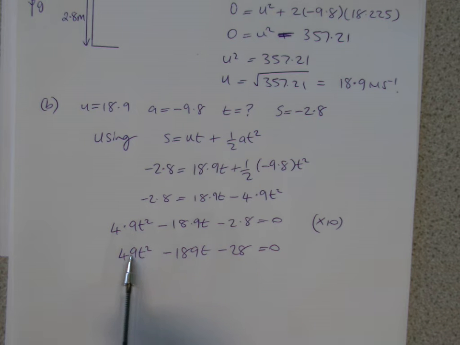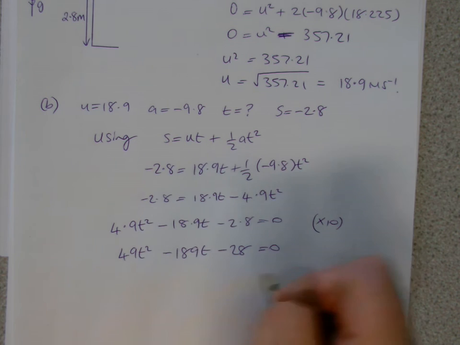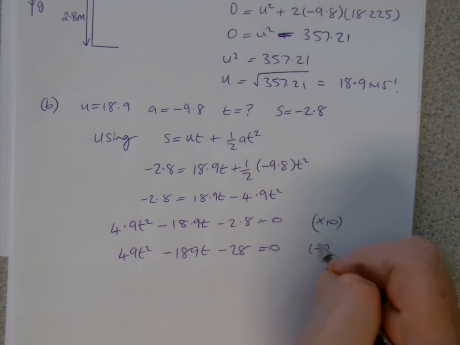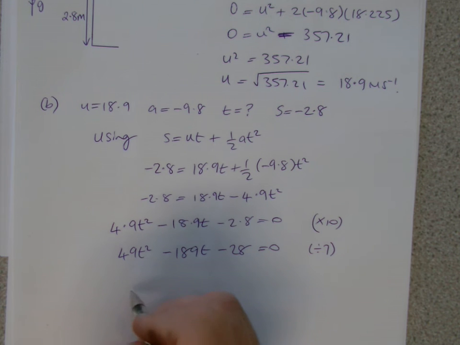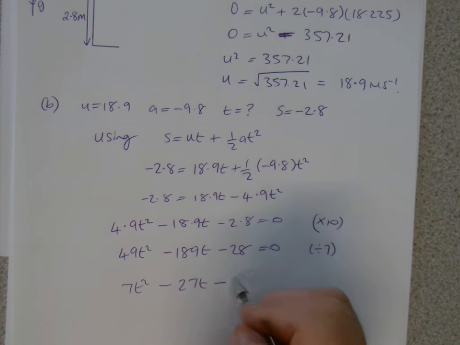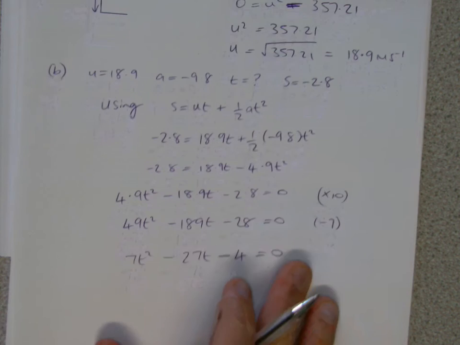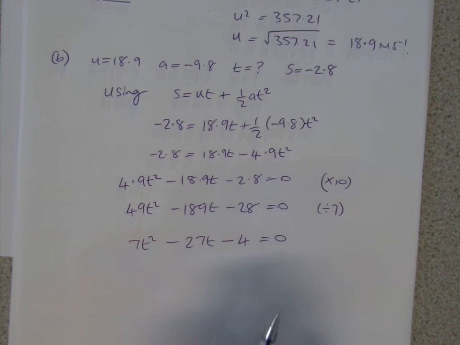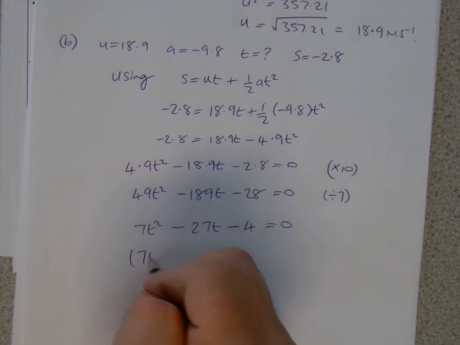Now 7 goes into 49 and 28. Does 7 go into 189? It does. So if I divide through by 7, that becomes 7t squared minus 27t minus 4. So you might be able to factorize this rather than using the formula method.